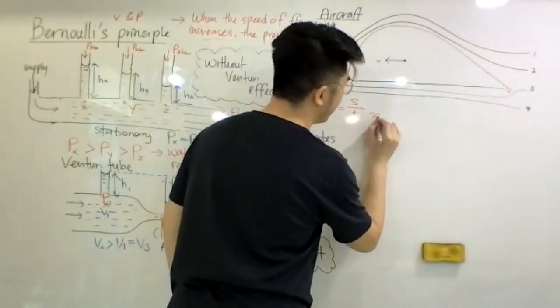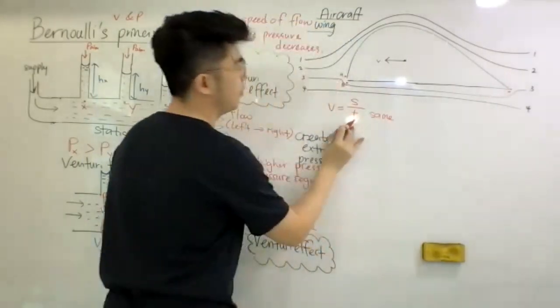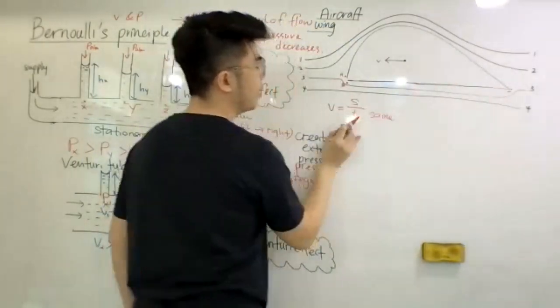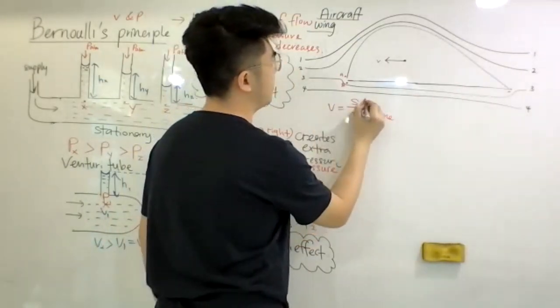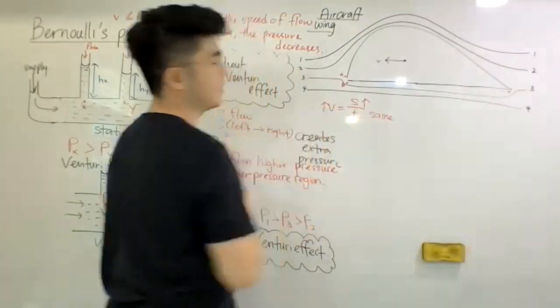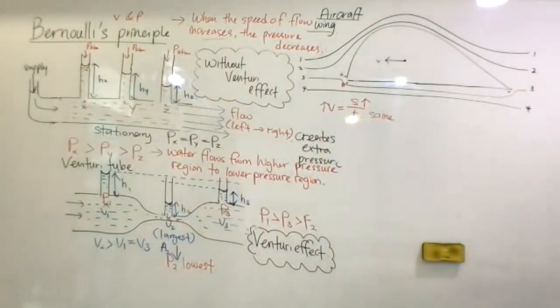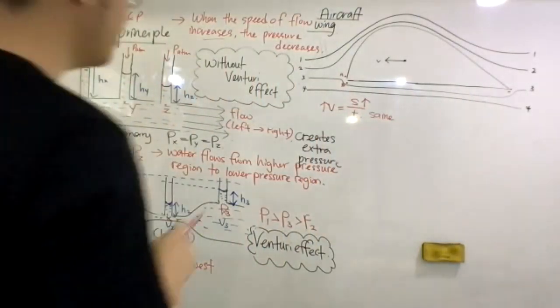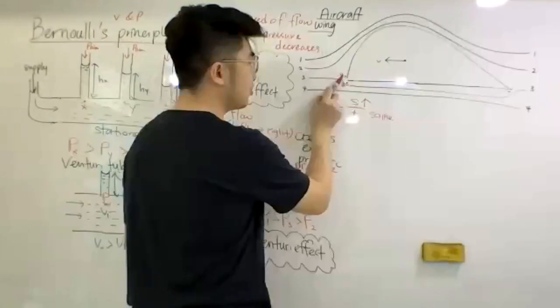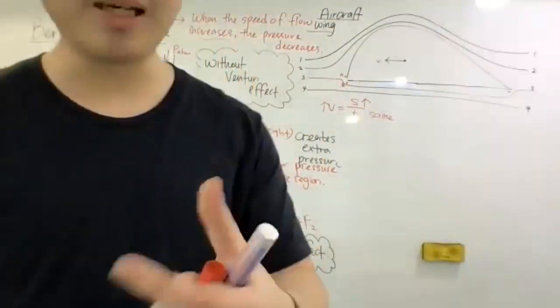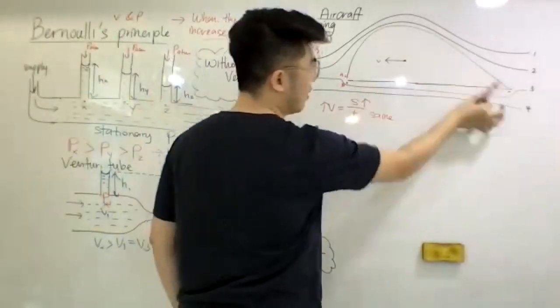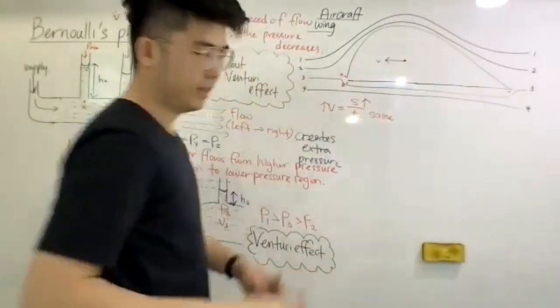If the time is the same, whoever covers the longer distance will travel faster, provided the time is the same. So that means particle A will travel faster than particle B because it has more distance to cover, like this.